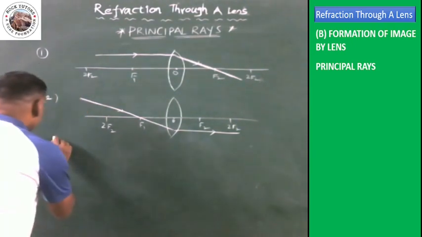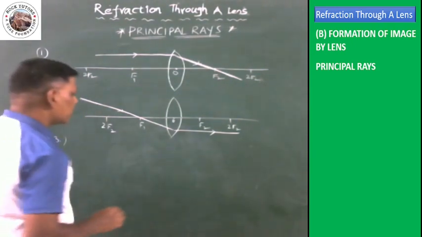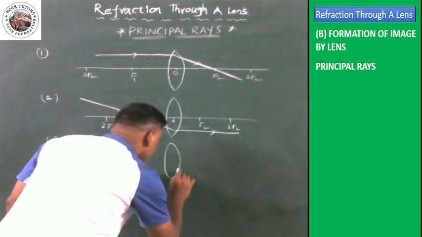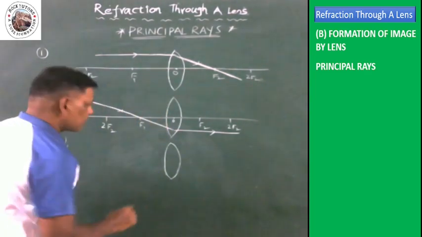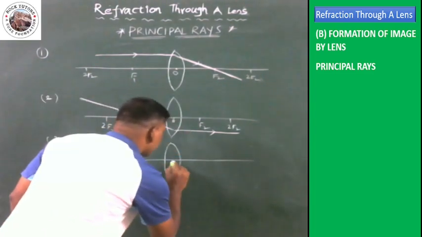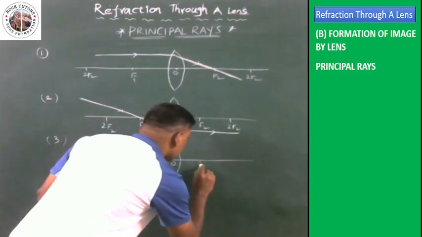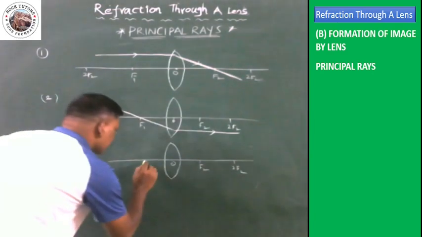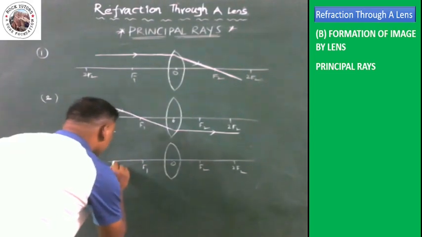Now the third ray. This is the principal axis, F2, 2F2, F1, 2F1.